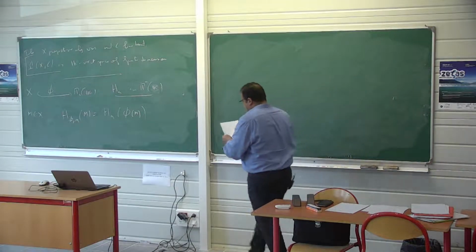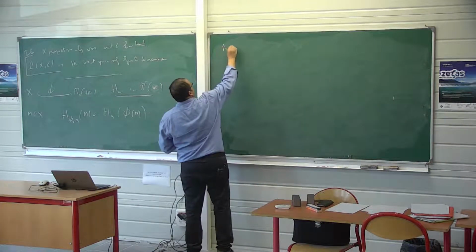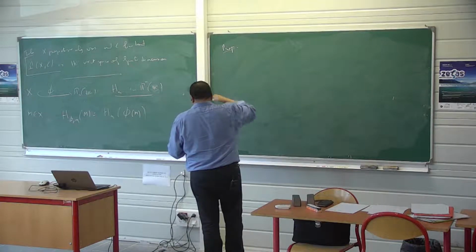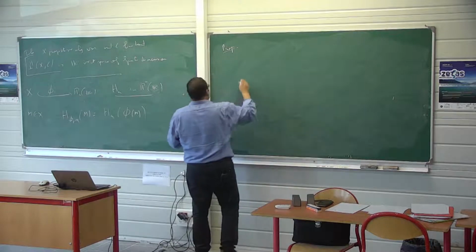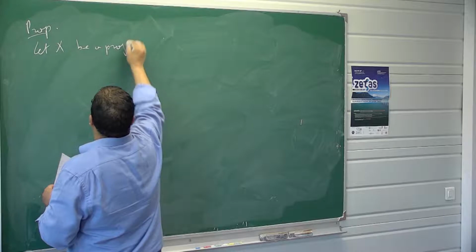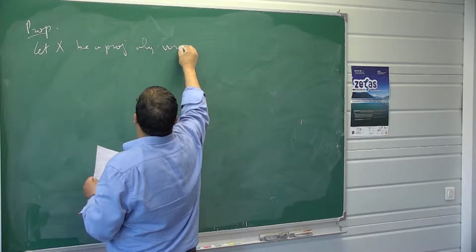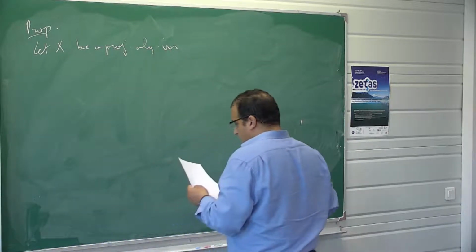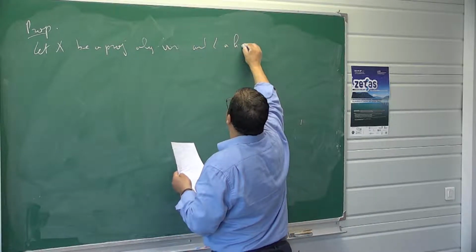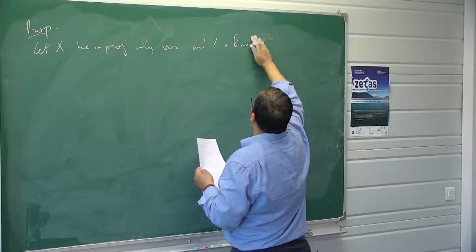And we have the following proposition. Let X be a projective algebraic variety and L a line bundle.